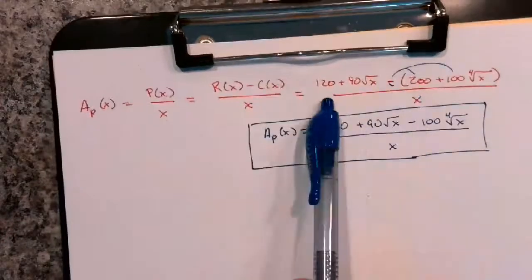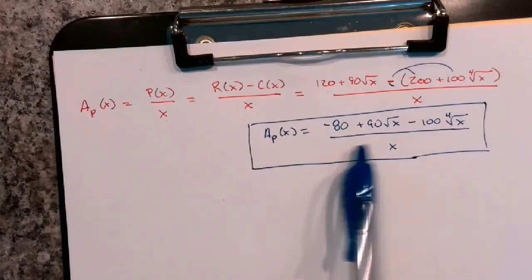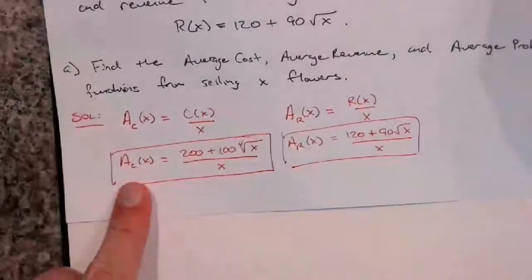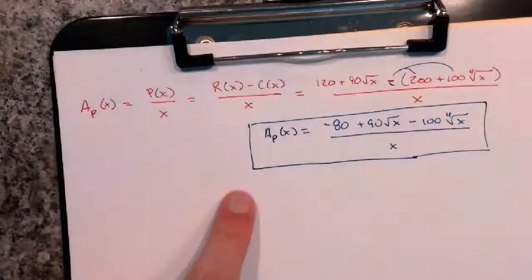So I got negative 80 plus 90 square root of x minus 100 fourth root of x, all over x. So we found what they asked us to find: the average cost, the average revenue, and the average profit.